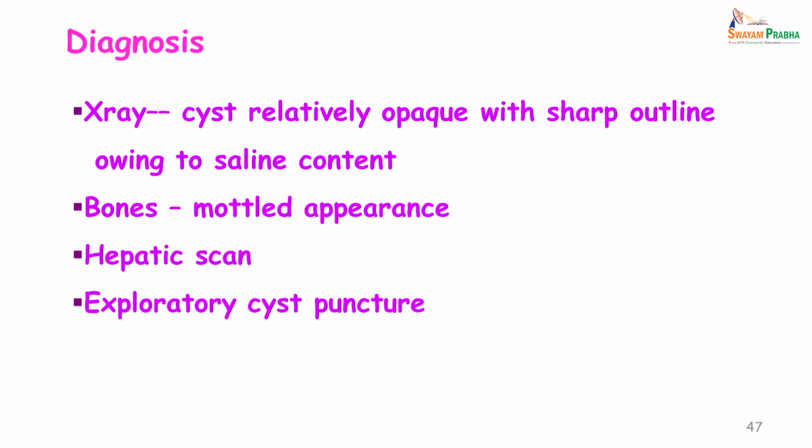So, that is why an exploratory cyst puncture is never attempted. Once the cyst is located, and if it is producing pressure effects, then one may perform a surgery, in which case the cyst is removed completely intact.